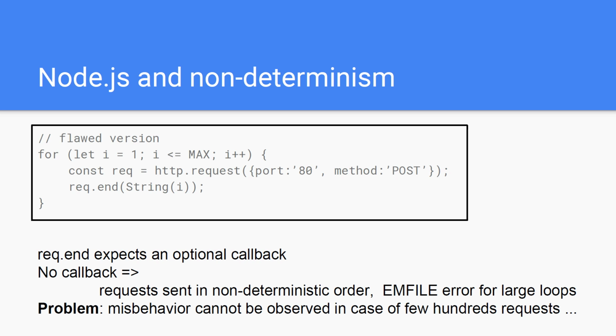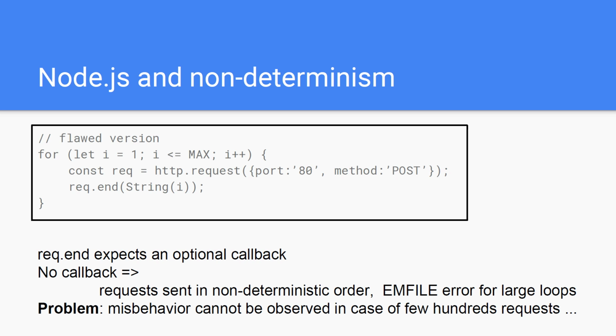So since the handler is an asynchronous function, this means that we are scheduling all the requests issued in this for loop in a non-deterministic way. Okay?